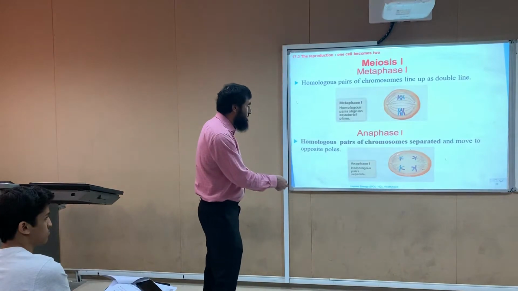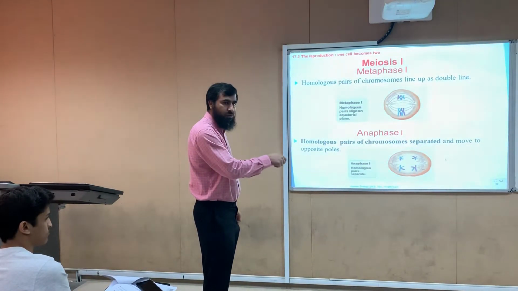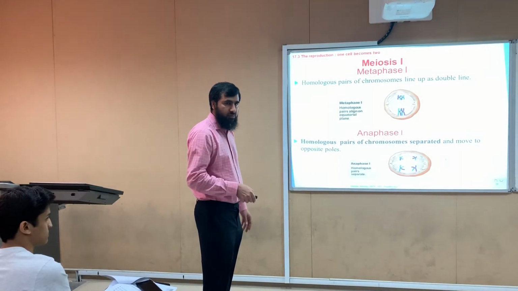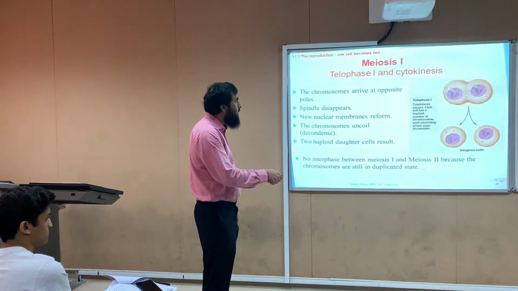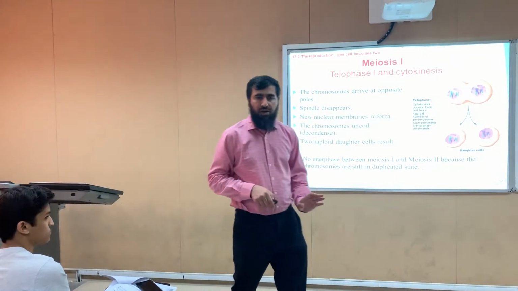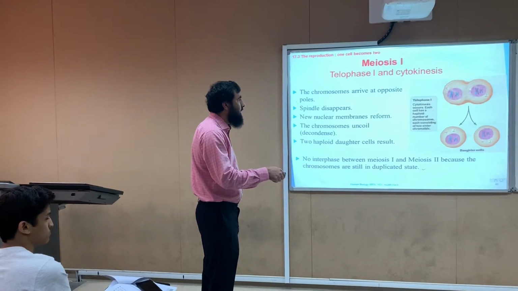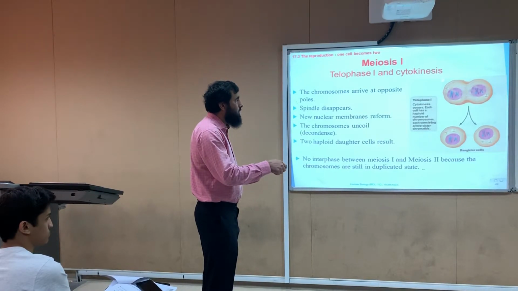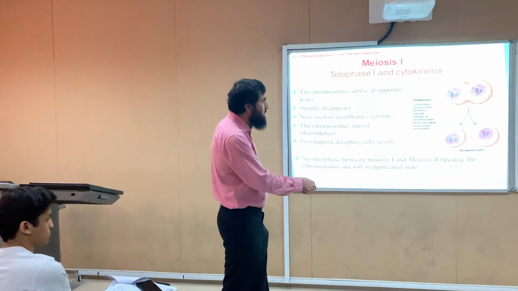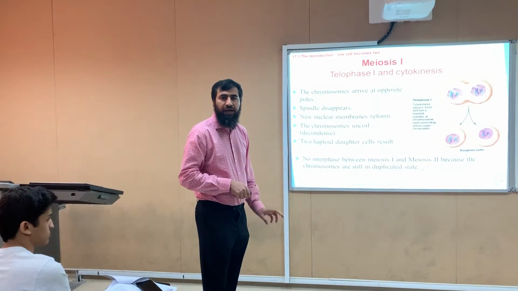You get lining up of homologous pairs, and you get the separation of homologous pairs. So at telophase, you're getting the reverse of prophase: DNA is decondensing, the nuclear membrane reappears, you get the cleavage furrow, and cytokinesis separates the cells into two non-identical cells, which are now haploid.